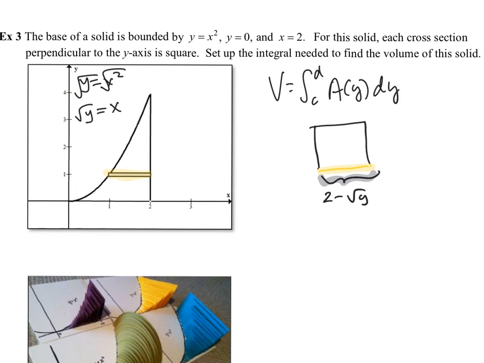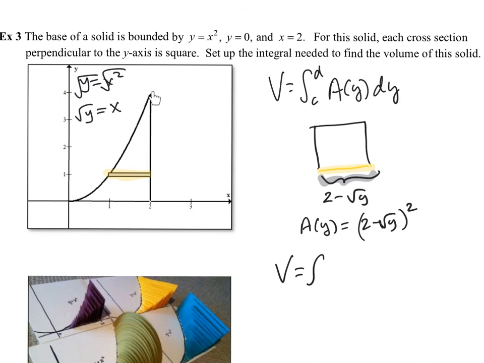All right, so how would I find the area of that square? My A of y then would be 2 minus the square root of y, and then we need to square that. So to find the volume, we will take the integral from, now I need y bounds, okay, since we are integrating with respect to y, make sure that we have y bounds, so they would go from 0 to 4, looks like.